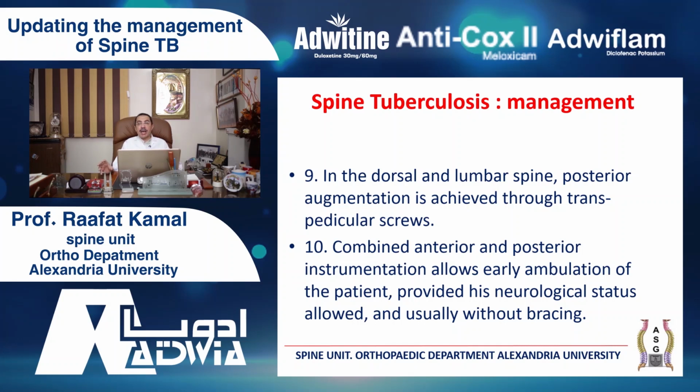Again, the combined anterior and posterior instrumentation allows early ambulation of the patient, provided his neurological status allows, and usually without bracing. This is a very good advantage, because we allow immediate postoperative rehabilitation of the patient without the use of any bracing, provided that the anterior construct is augmented by a posterior construct as well.